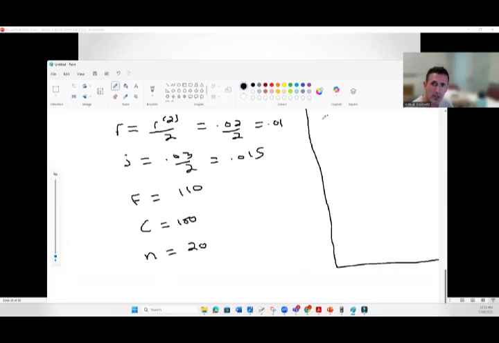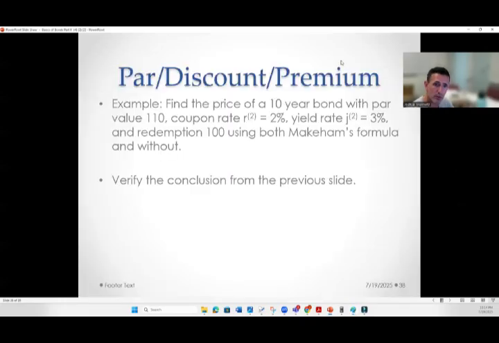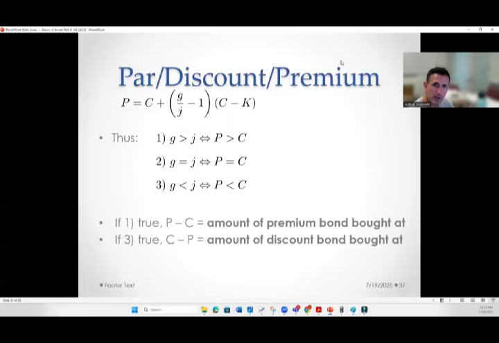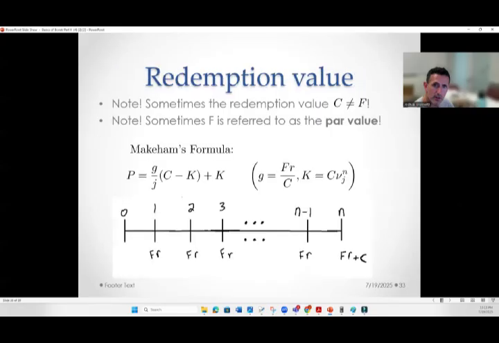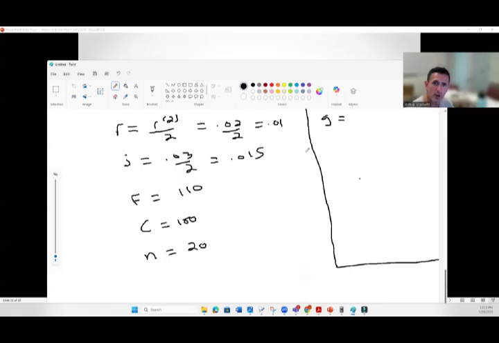All right, so let's get G. G is FR over C. So it's 110, that's F, times R, 0.01, over C, 100.